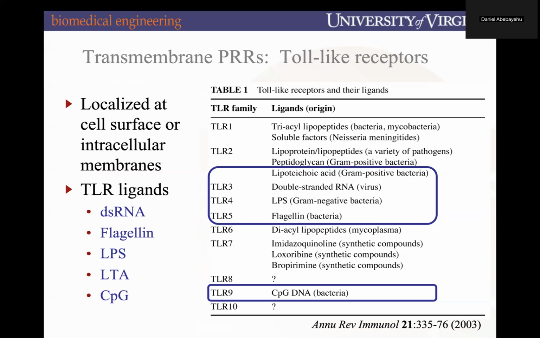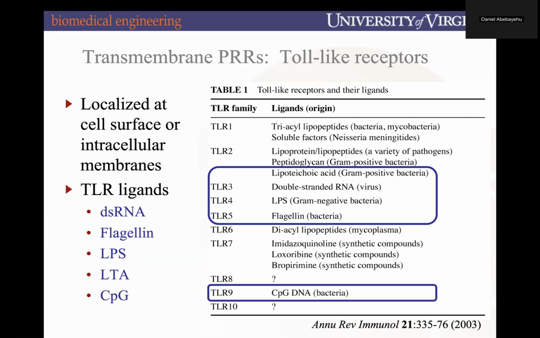Because they resemble those receptors, they were just called toll-like. It's a fairly unimpressive nomenclature, but they are probably some of the most important and well-characterized pattern recognition receptors in innate immunity. Some are localized on the cell surface. Some are localized within the cell, and that depends on what they bind to.